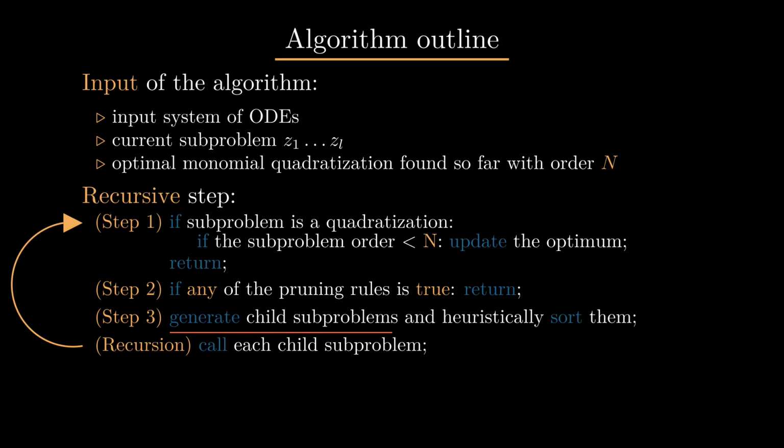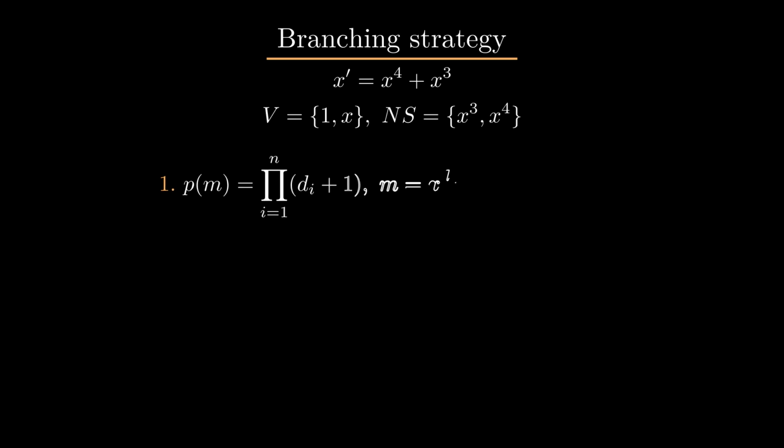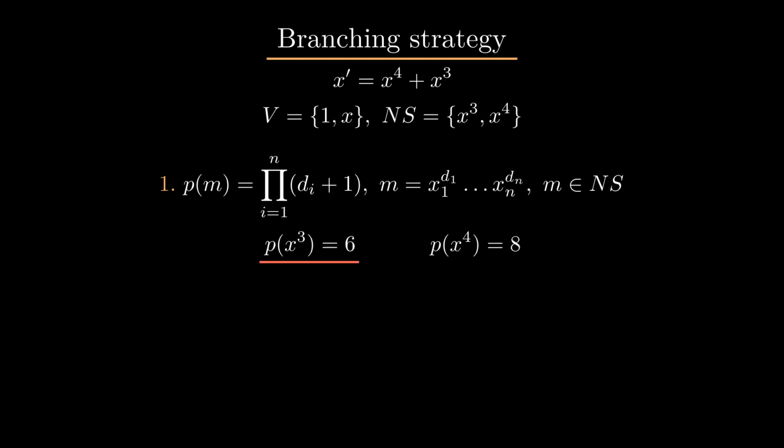As you can see, there are two areas of optimization: pruning rules and heuristic branching strategy. So let's start the discussion with the branching strategy. For the given subproblem, we construct the child subproblems as follows. First, we choose any monomial among the non-squares with the smallest possible p, the product of its degrees with the addition of 1. For our example, it will be x cubed instead of x to the fourth.